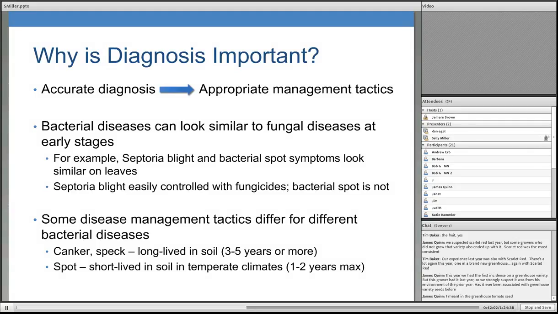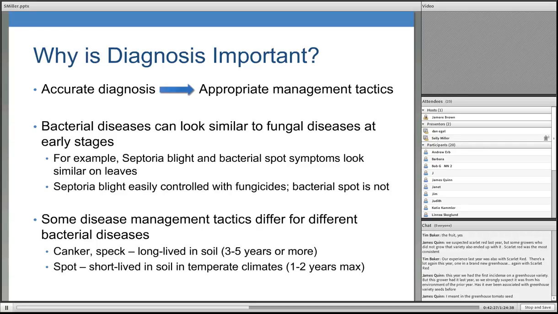If you don't have a hand lens, or if the little pycnidia that Septoria makes are not very obvious, it's sometimes difficult to tell, particularly for people who don't have a lot of experience. You can control Septoria very easily with fungicides, but not bacterial spot. So if you have bacterial spot and you're putting on fungicides for Septoria control, you're not only wasting money, you're also not putting on things that would help with bacterial spot.